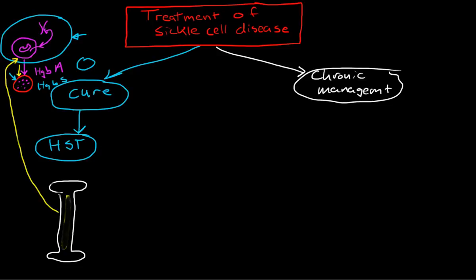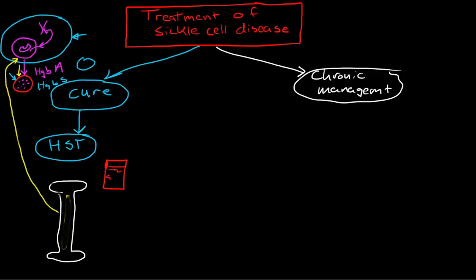we get some hematopoietic stem cells from a healthy donor. And in the case of sickle cell disease, the healthy donor has to be a sibling, and the sibling has to have closely matched genetics, and the sibling also has to not have sickle cell disease.